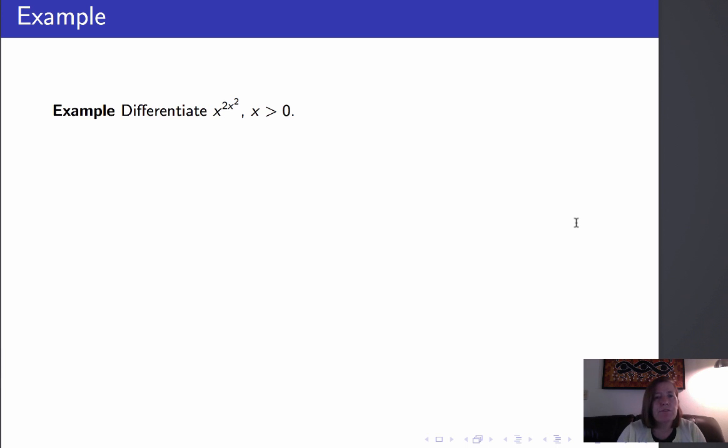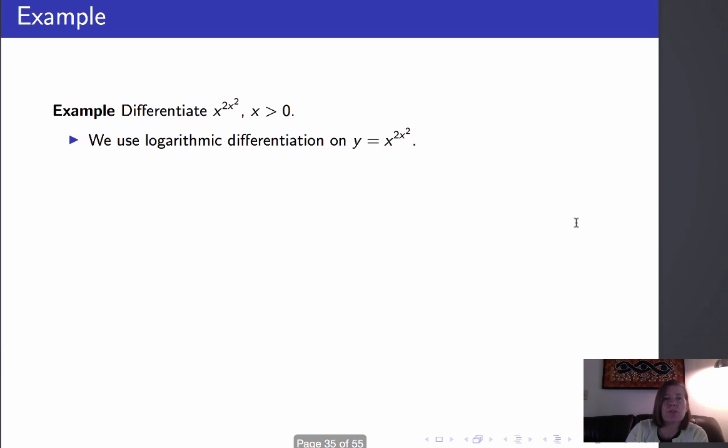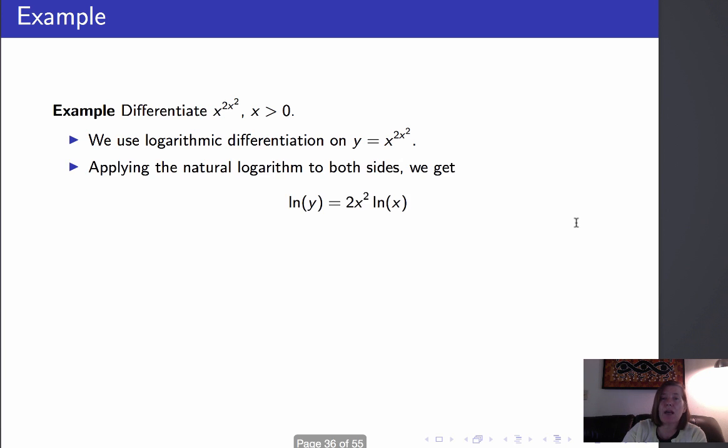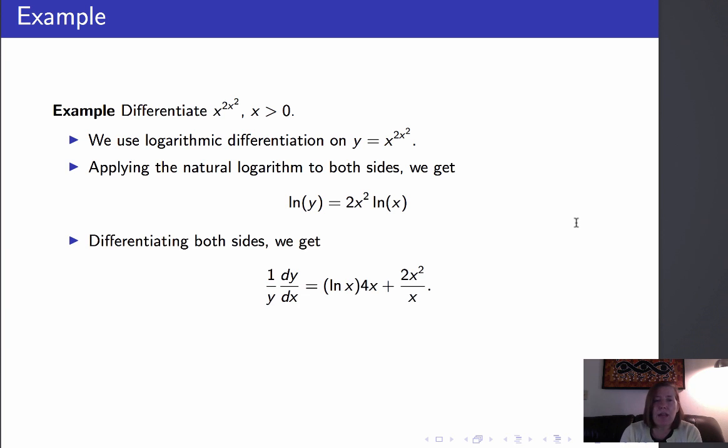Suppose I want to differentiate x to the 2x squared, where x is greater than 0, so this is well defined. We can use logarithmic differentiation on y equals x to the 2x squared. So we apply the natural logarithm to both sides. We get the natural log of y is 2x squared times the natural log of x. Differentiate the left-hand side, I get 1 over y dy dx.